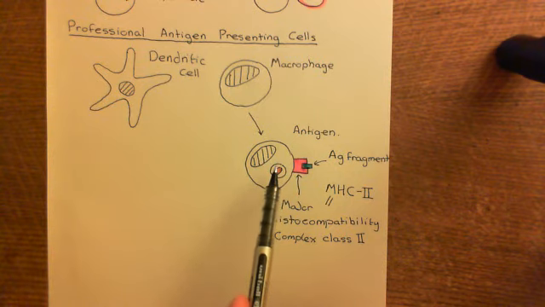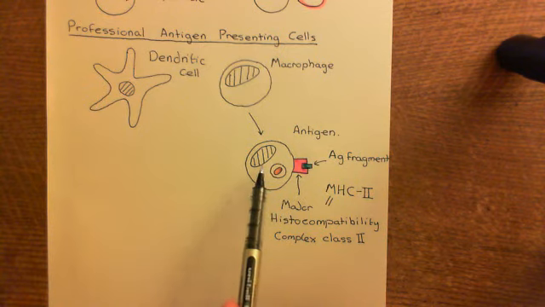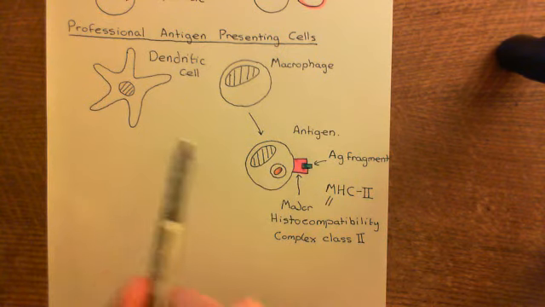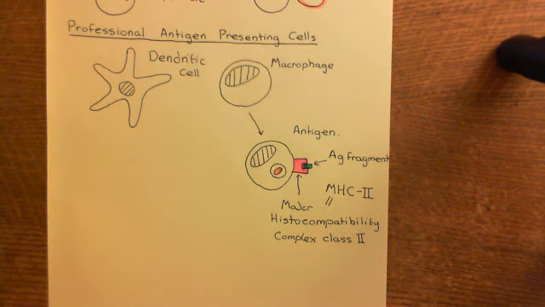This is not going to be necessary in the intracellular case, because if you've got an intracellular pathogen, such as a virus, all you have to do is wait for the virus to infect you, basically. It will come into the cell of its own accord. So we'll discuss antigen presentation of antigen fragments for intracellular pathogens in the next video.